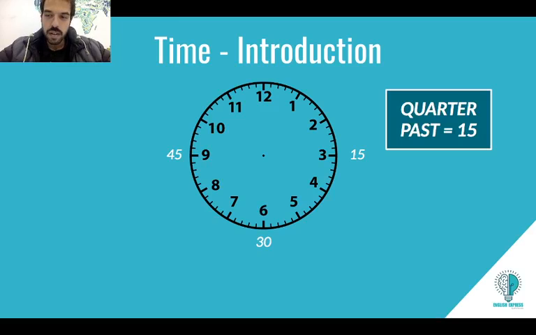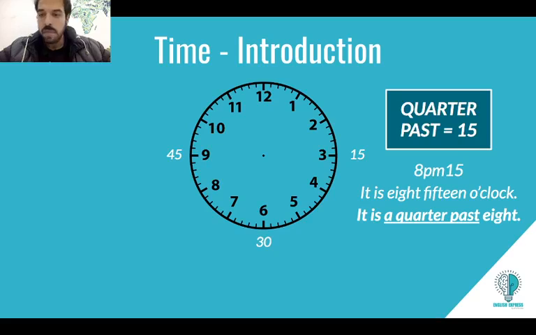For number 15, the way we're going to talk about it is quarter past, right? So our example there, 8 p.m., 15. It is 8:15 o'clock, which is the informal way of saying it.